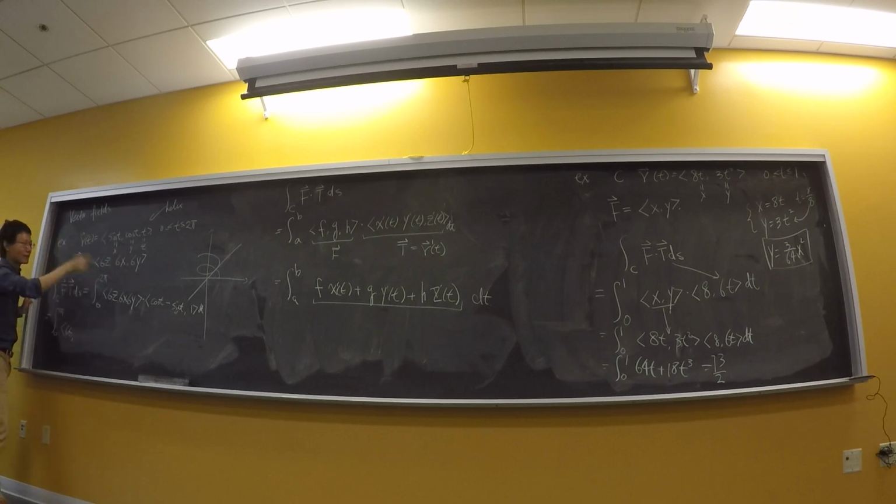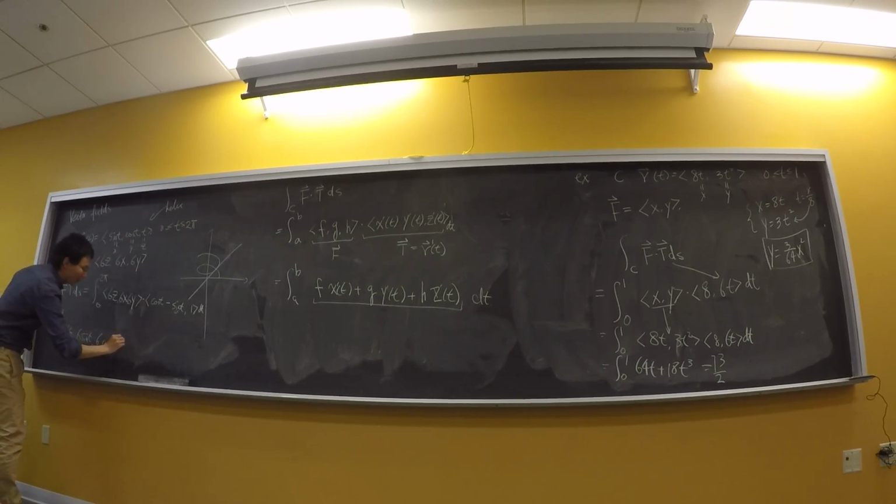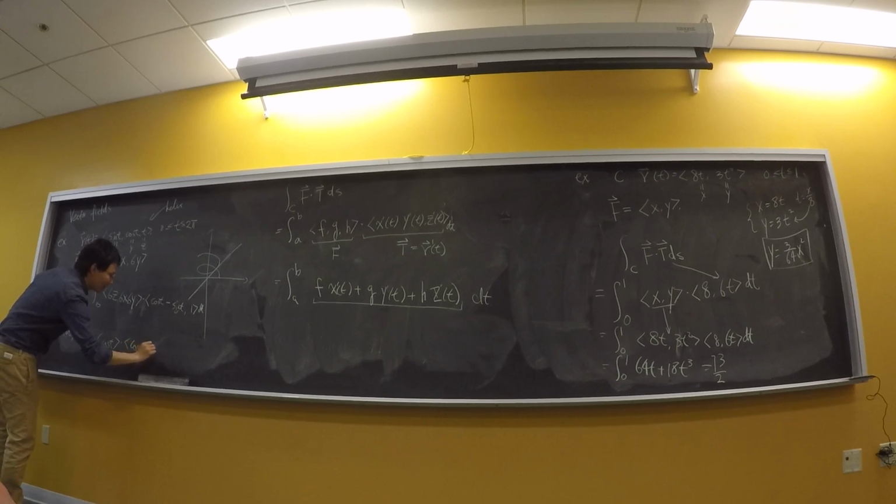Am I right? Because x is defined by sine t, so it's going to be 6 sine t. And the z component of the vector field is defined by 6 times y, for which I have to use cosine t here. Times cosine t, minus sine t, and 1.